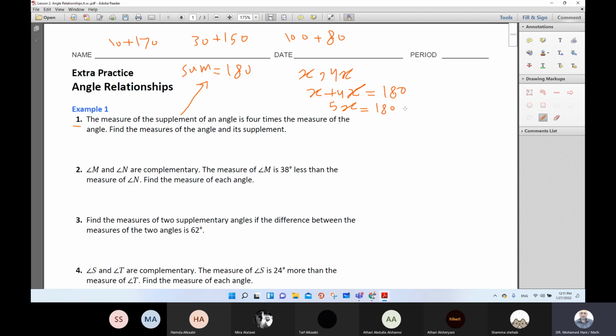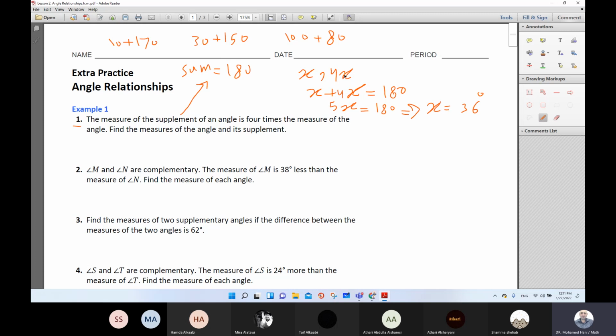Then you want to solve this equation, divide here by 5 and divide here by 5. 5x divided by 5 will be x. Then 180 divided by 5 will be 36 degrees.